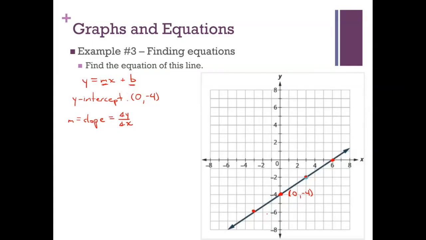We can do y2 minus y1. What are the coordinates at that point? (6, 0). And we'll go furthest. Where's that one? (-3, -6). So yes, we can find the slope that way: y2 minus y1 over x2 minus x1.